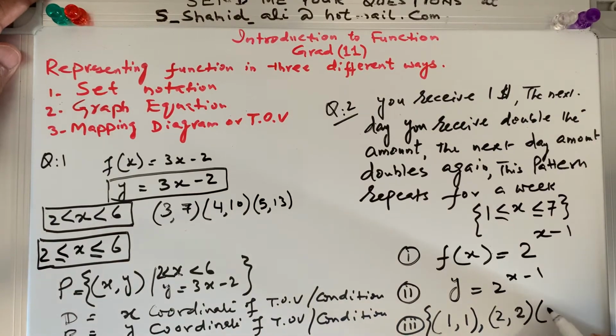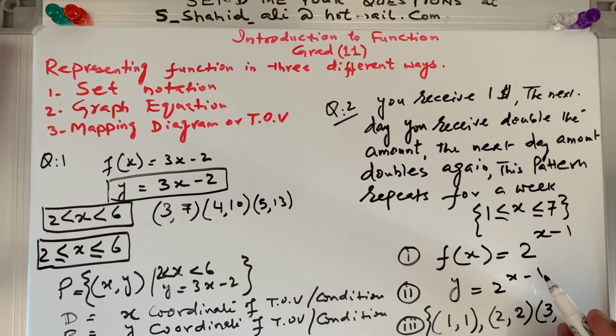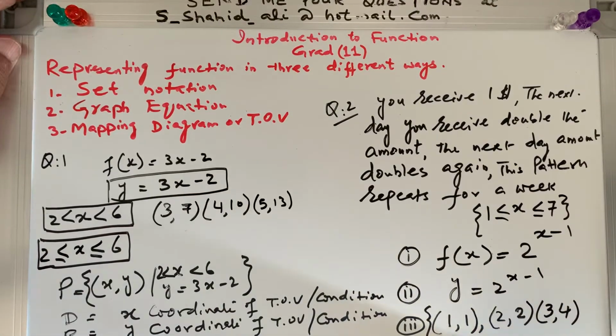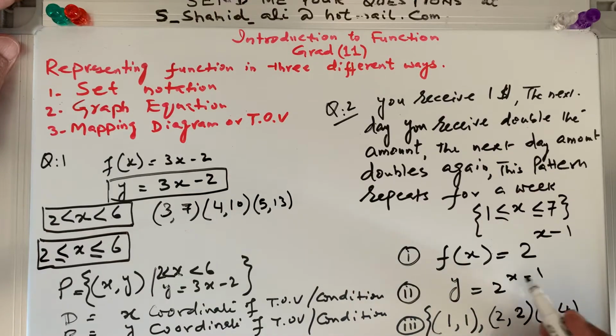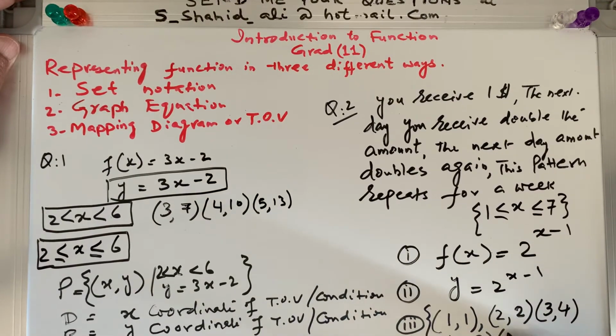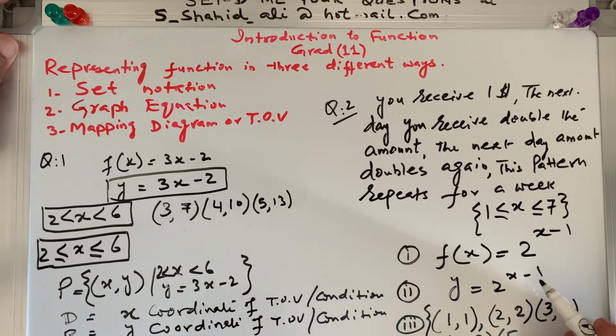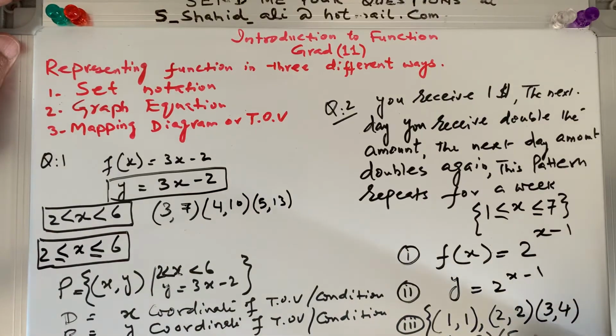If you put 3, 3 minus 1 is 2, 2 to the power 2 is 4. Then when you put 4, 4 minus 1 is 3, and 2 to the power 3 is 8, right? When you put 5, 5 minus 1 is 4, and 2 to the power 4 is 16.